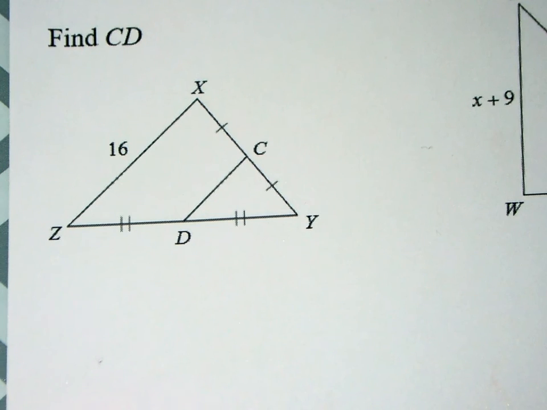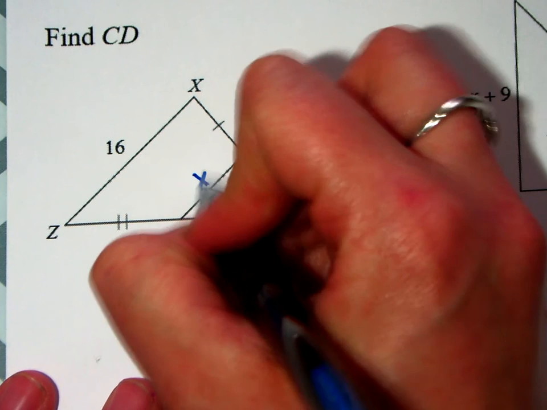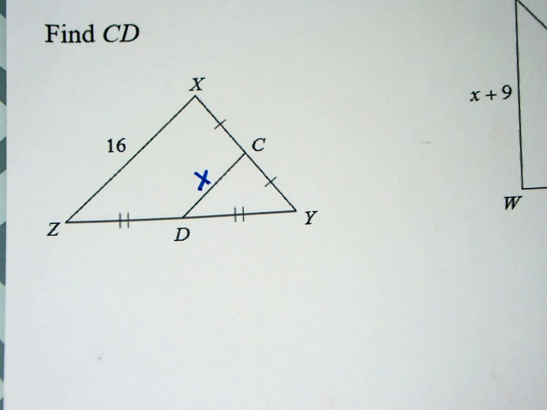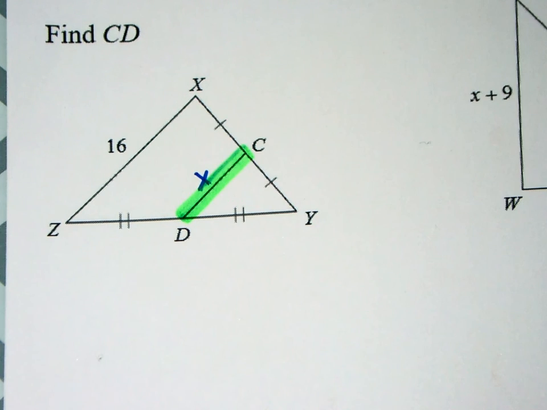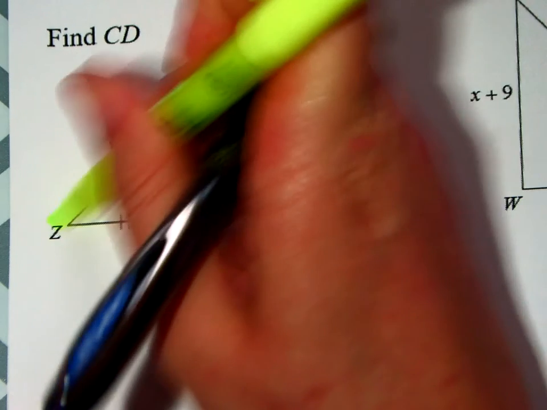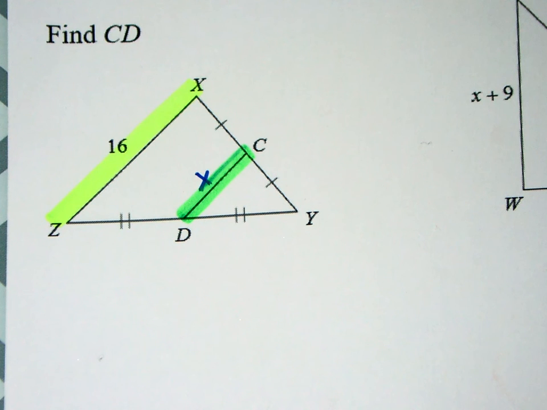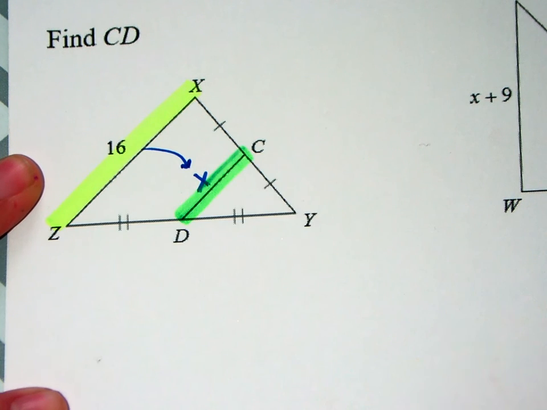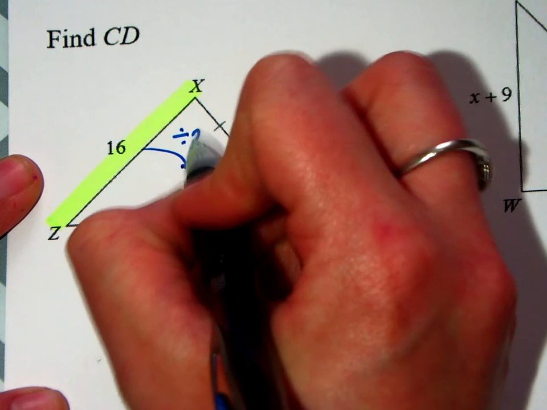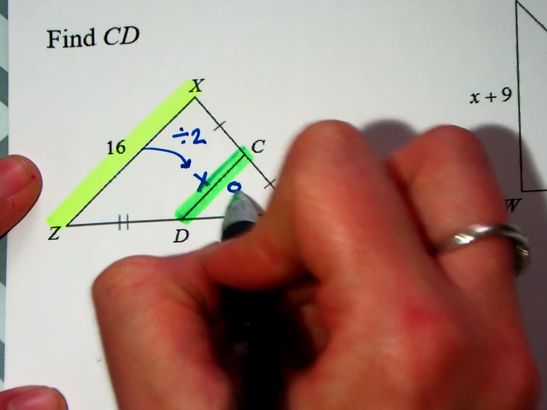Let's do a little bit of algebra. We want to find the measurement of CD. In this problem, CD is my mid-segment length. So mid-segment is CD. The side it's parallel to is 16. I don't have to set up an equation because if I just have a number and a variable, when I'm trying to find the mid-segment, I just divide by 2. Half of 16 is 8.